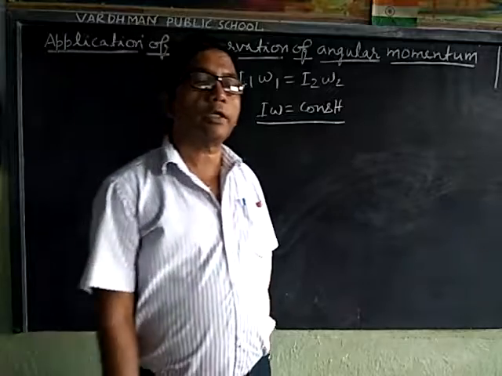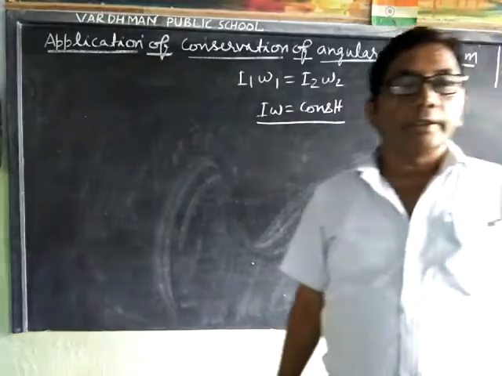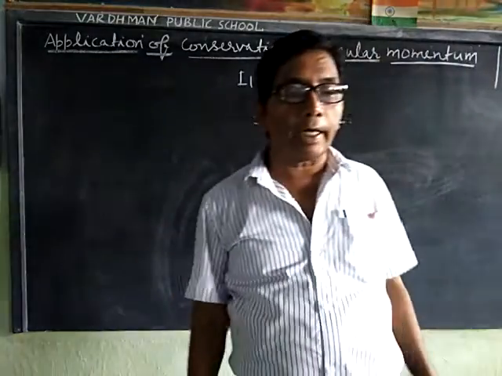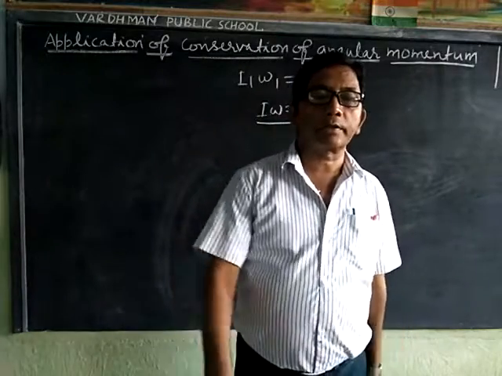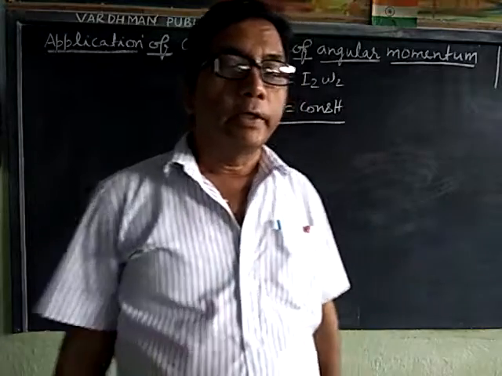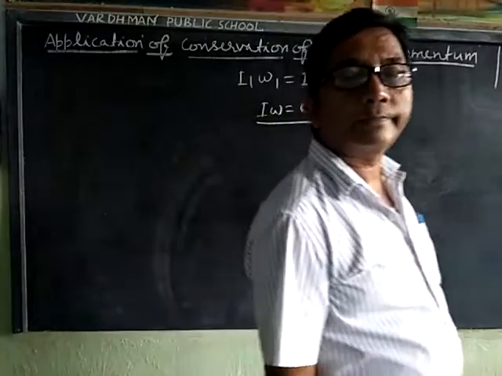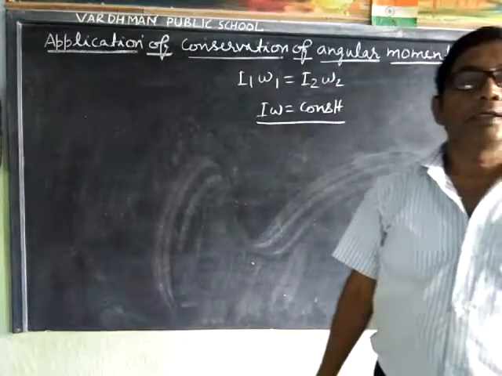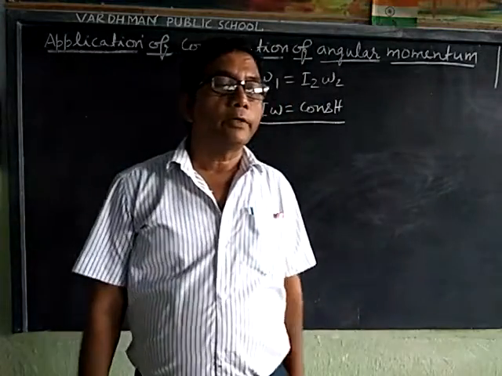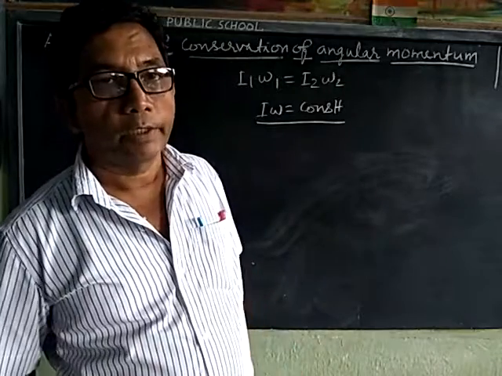Now next question. A ballet dancer increases her angular speed by stretching her legs and arms out, but decreases her angular speed by withdrawing her arms and legs towards her body.